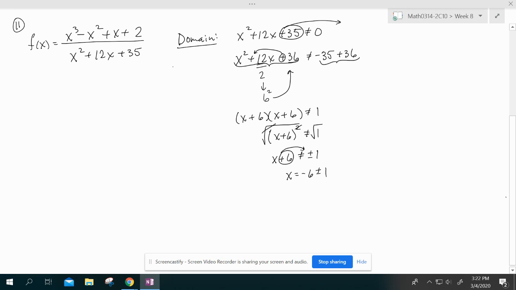And now I can write my domain. Okay, so here we go. With set notation first, we know now that the domain is going to be the set of all x's such that x cannot be negative 5 or negative 7.